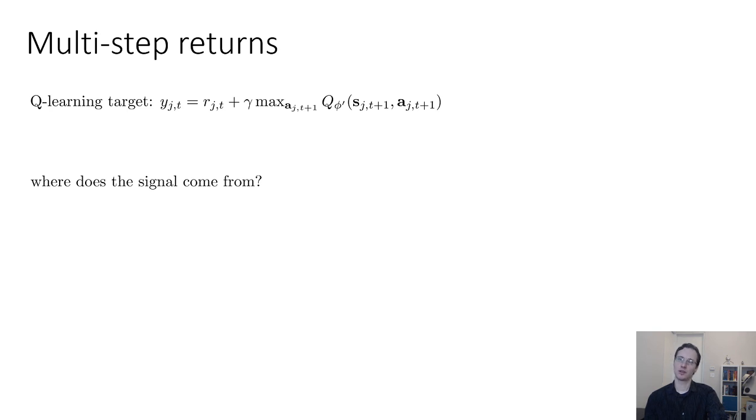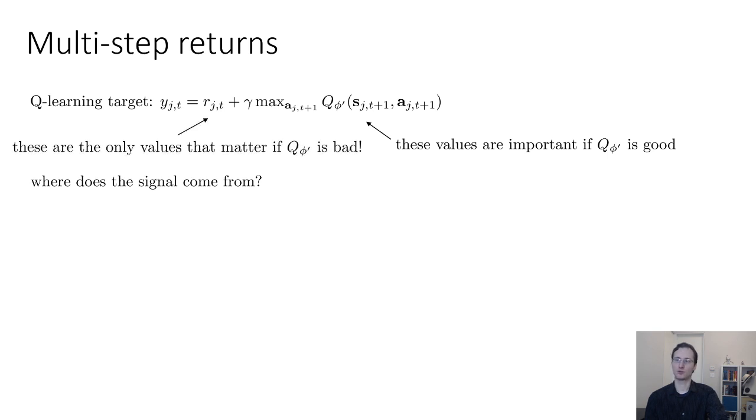Well, if your initial Q function is very bad, it's essentially random, then almost all of your learning has to come from the r. So if your Q phi prime is good, then the target values do most of the heavy lifting. If your Q phi primes are bad, then the only thing that really matters is the reward, and that second term is essentially just contributing noise.